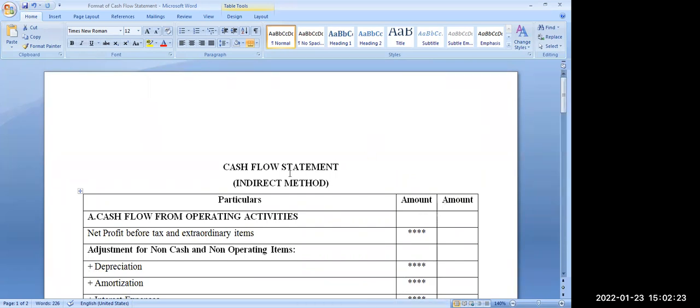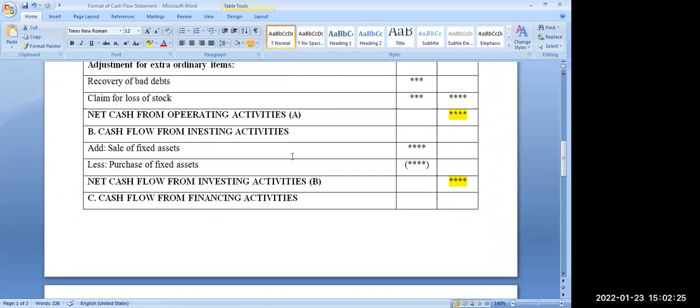This file will be there in the LMS. You can see this. Any doubt in cash flow statement? Anybody?